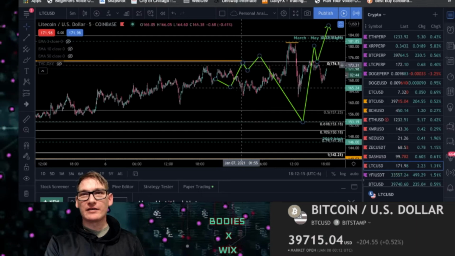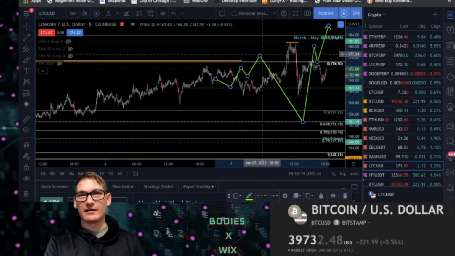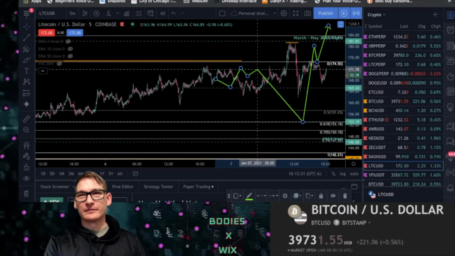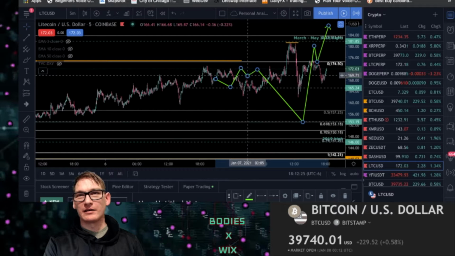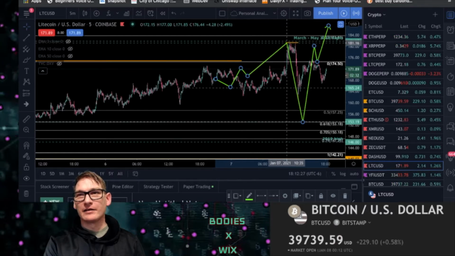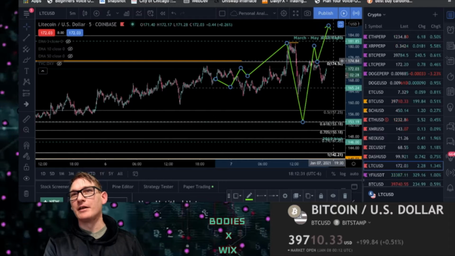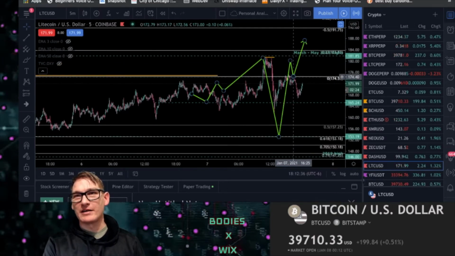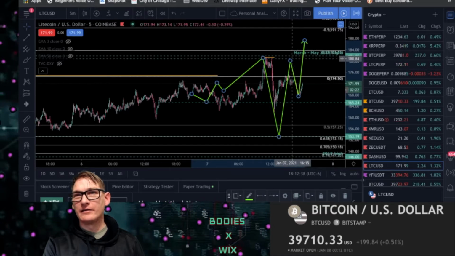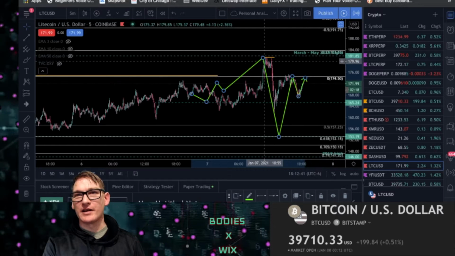Instead of hitting this, though, it did more of something like this, right? I guess I could add one more in there, but it came up here, came back down, took off, then fell, right? And I said it would probably come back up and then keep going. So, not as dramatic as what I had drawn out, but still, nonetheless, the idea was there.